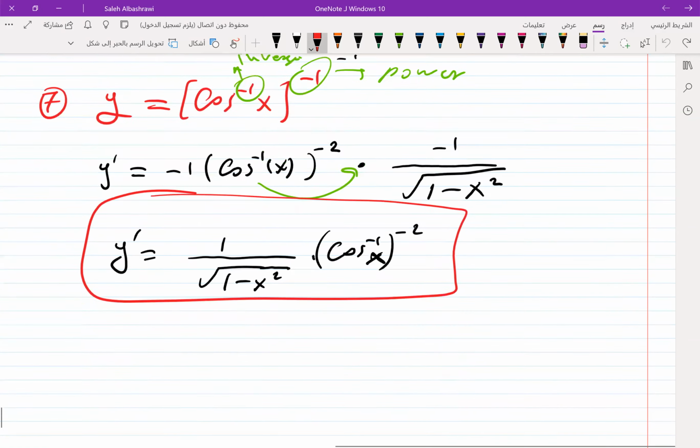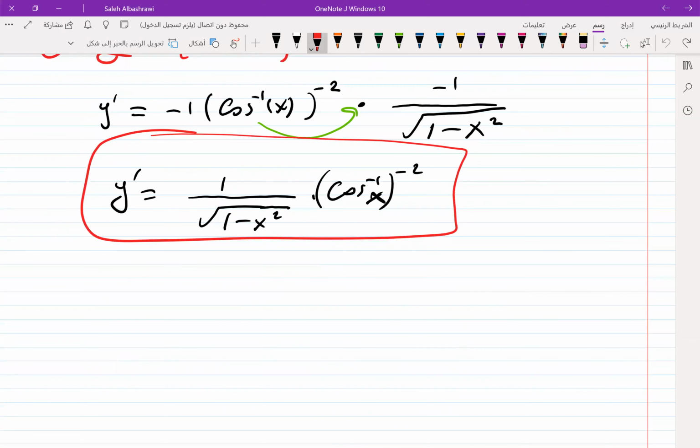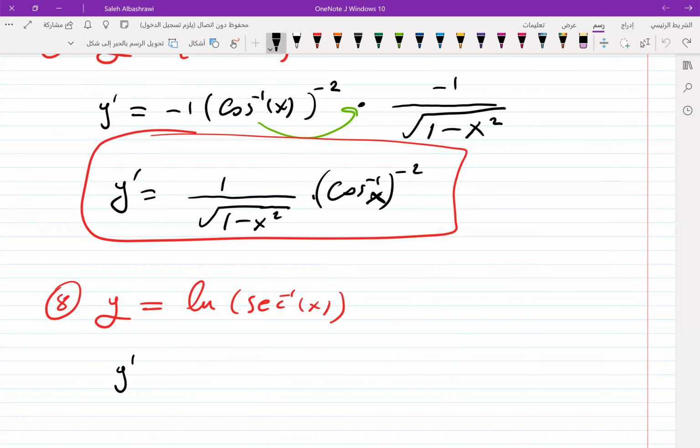One more example, number 8. Y equal to ln of secant inverse of x. And we need to find the derivative. Derivative of ln is 1 over the function given there.